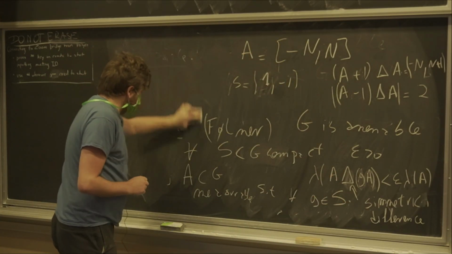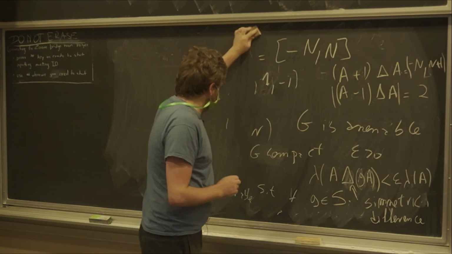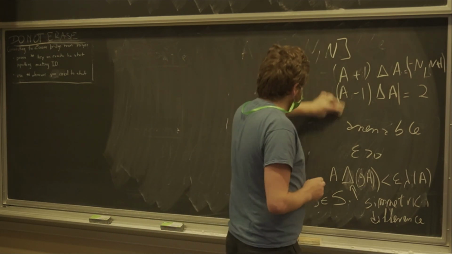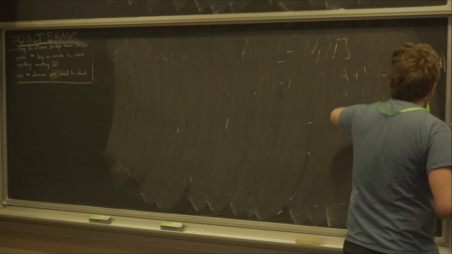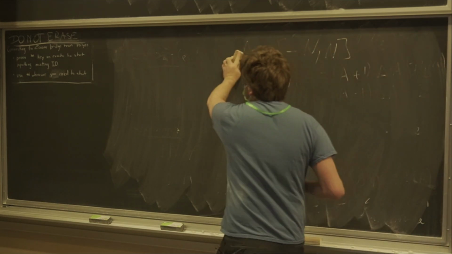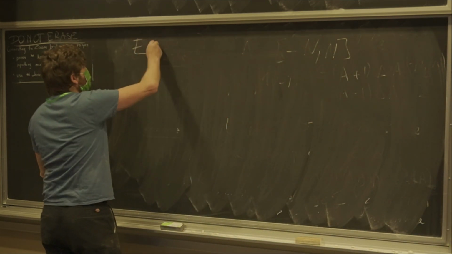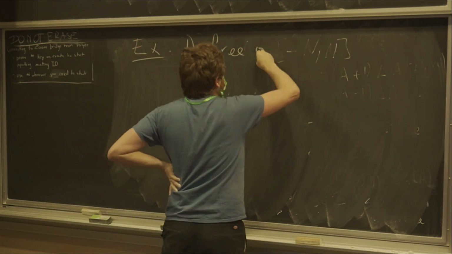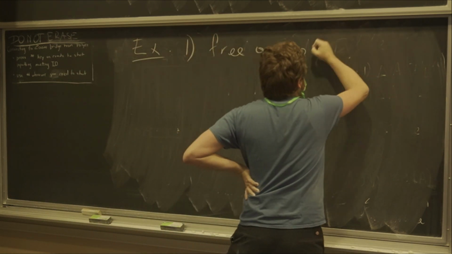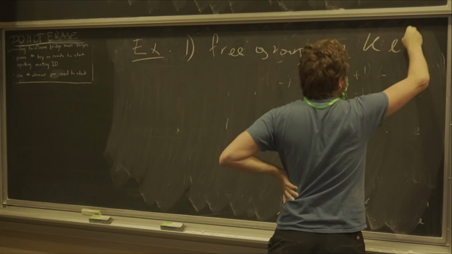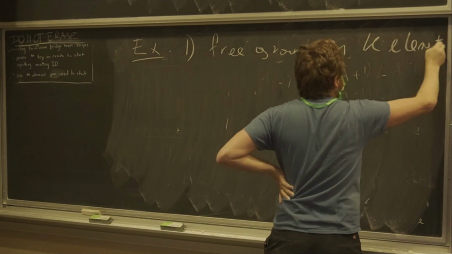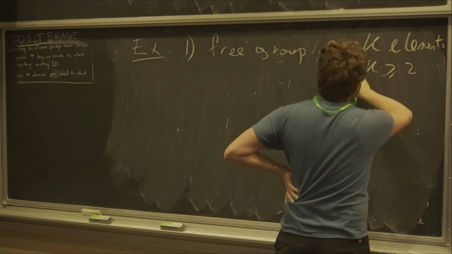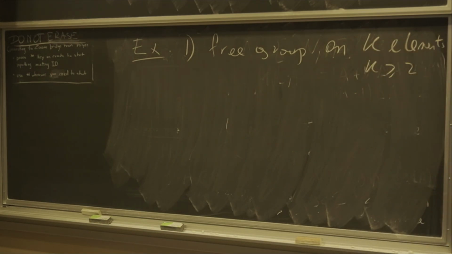So the next is also very, very important. The free group on K elements, K at least 2, because on one element it is the integers, is not amenable.